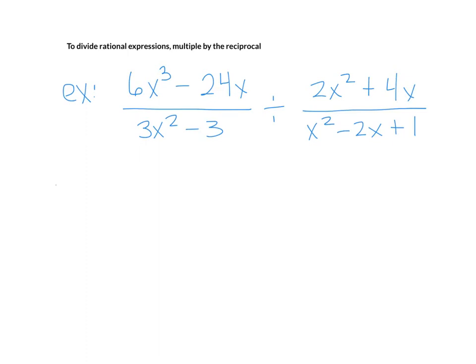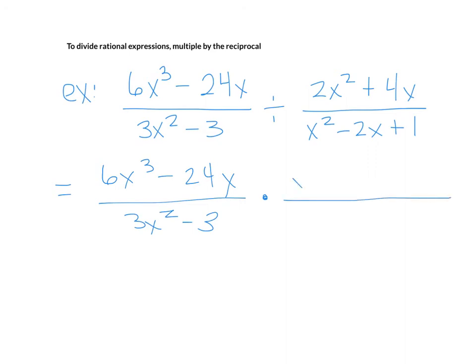So we leave the first rational expression the same, 6x cubed minus 24x over 3x squared minus 3. And we are going to multiply that by the reciprocal of the rational expression we are dividing by. So the x squared minus 2x plus 1 goes in the numerator, and we're dividing by 2x squared plus 4x.